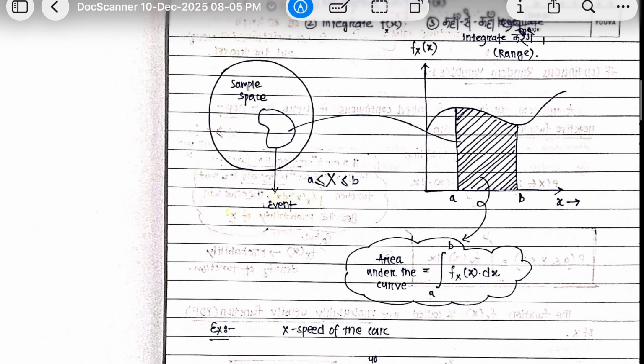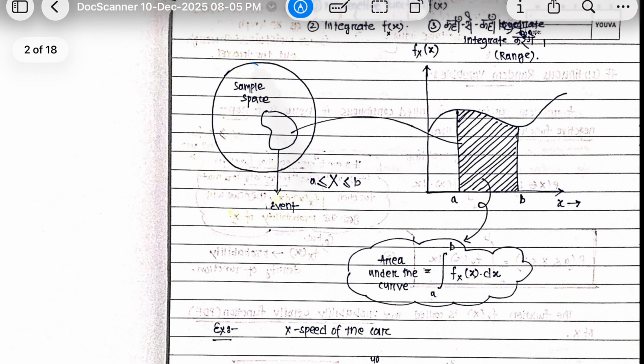See here, you will be more clear. Suppose, think of a sample space. This one is the sample space, and this is your event.